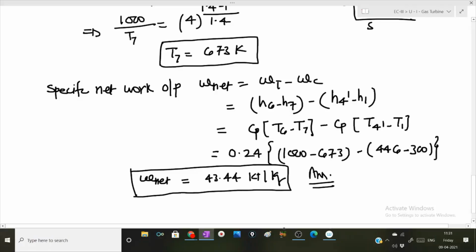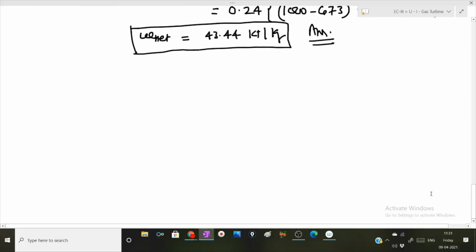Similarly, we are supposed to calculate thermal efficiency. So thermal efficiency for basic cycle 1, 4 dash, 6, 7 will be net specific work output to the specific heat supplied.